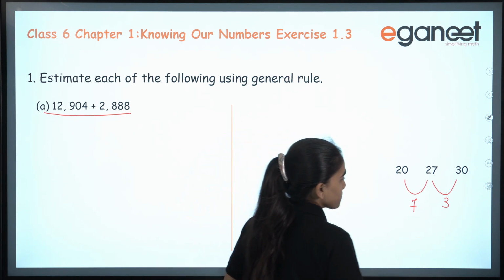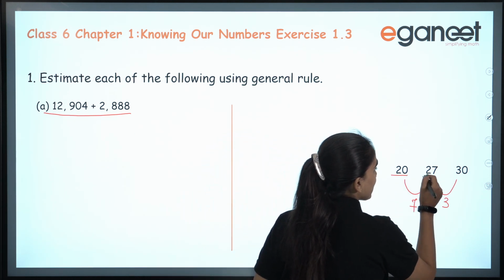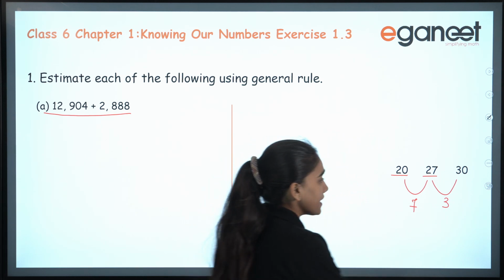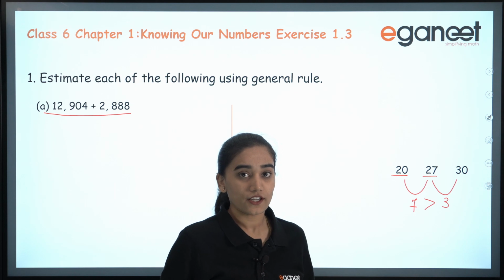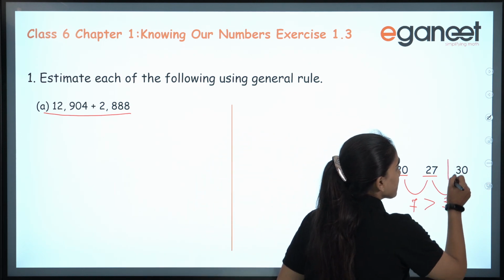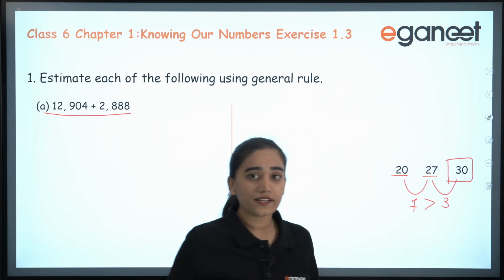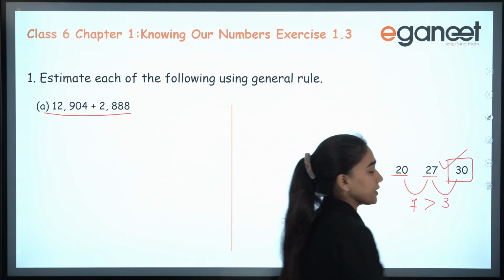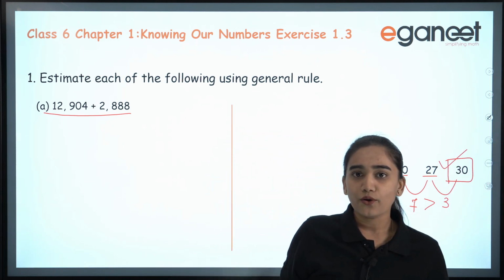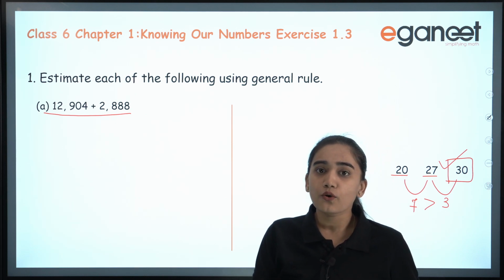Here we can clearly observe that the difference between 20 and 27 is greater than the difference between 27 and 30. So here I will say the correct estimation of 27 to its nearest tens place is 30. So I hope you have understood this very well.